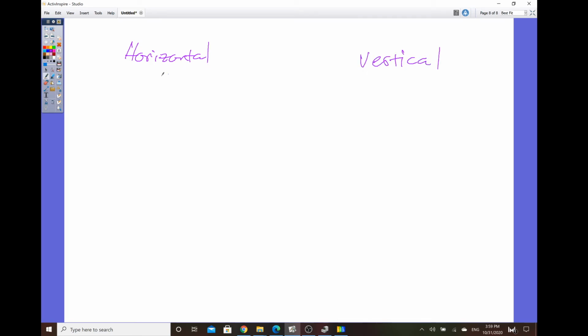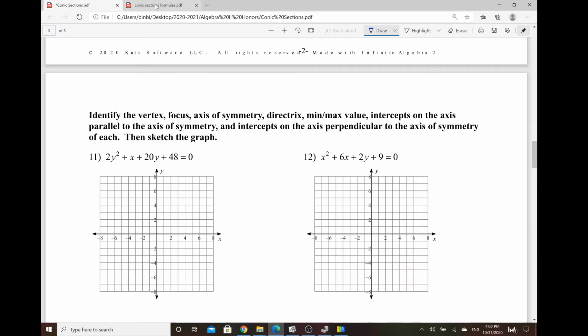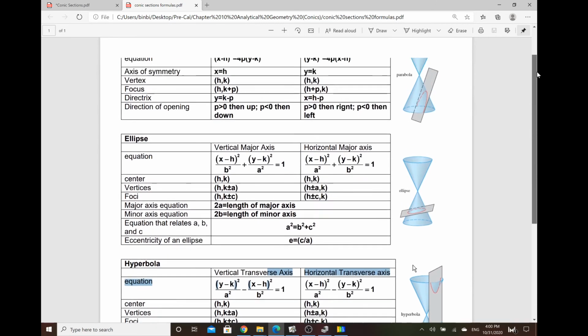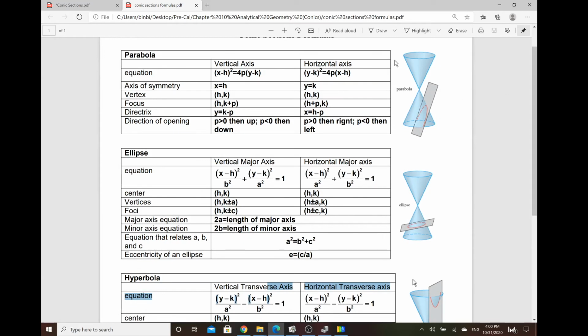So for the horizontal one, it's always written as x minus h equals 4p times y minus k quantity squared. I just want to make sure of the formula, there are so many formula structures that I need to recognize for this section. Okay, so for the parabola, horizontal, the other way around actually.